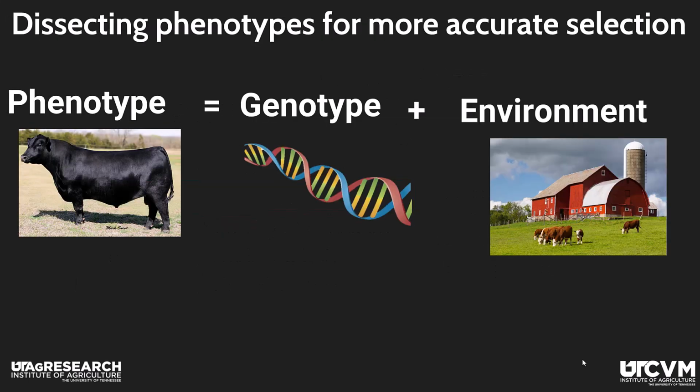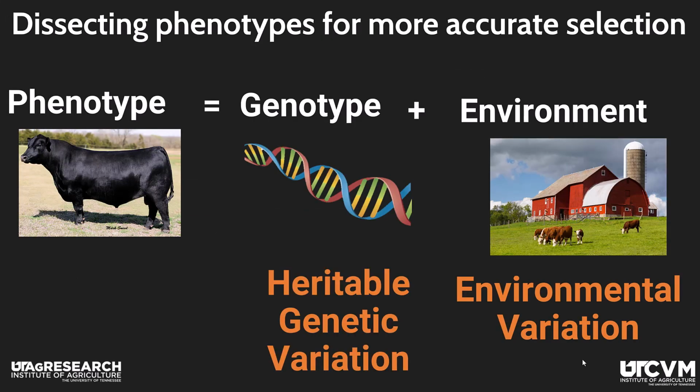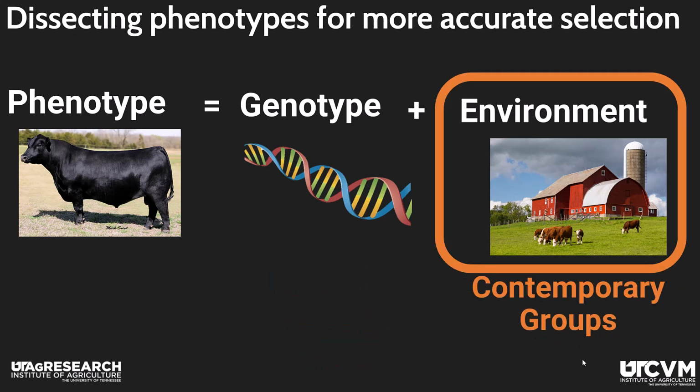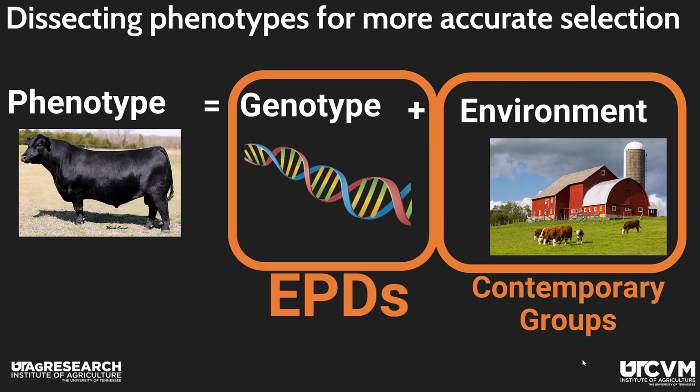And so, again, the things that we have to do in order to get there is tease out that environmental variation, right? We can't pass creep feed down to offspring, right? So utilize our contemporary groups to pull out that place-to-place environmental variation, management variation, get everybody on a level playing field. And then we utilize EPDs to estimate what this genotypic proportion is, right? What's the heritable piece that a bull can pass down to his offspring in the form of genetic potential.